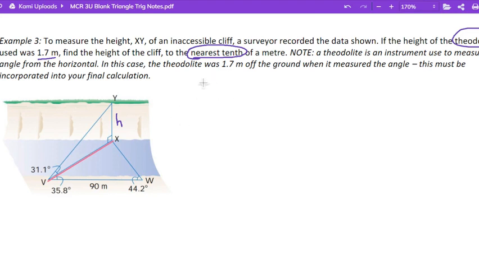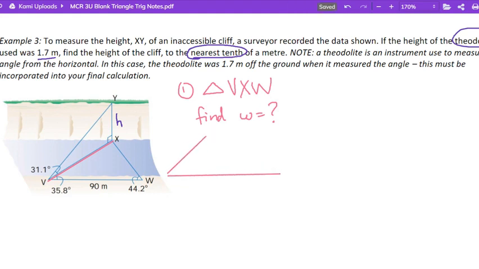Okay? So step 1, we're going to work in triangle VXW, and we're going to find side W. Now I'm actually going to redraw it just so I can visualize this in 2 dimensions.